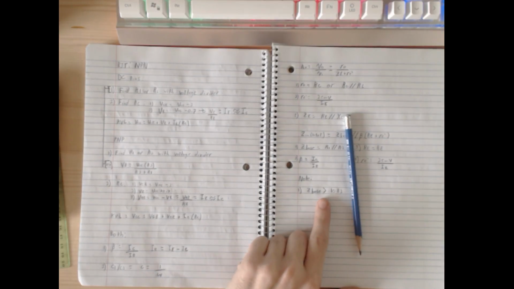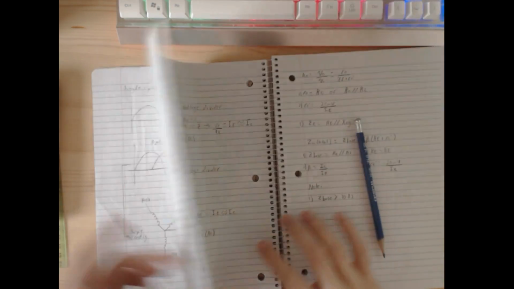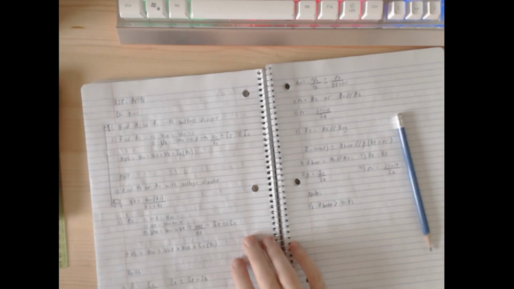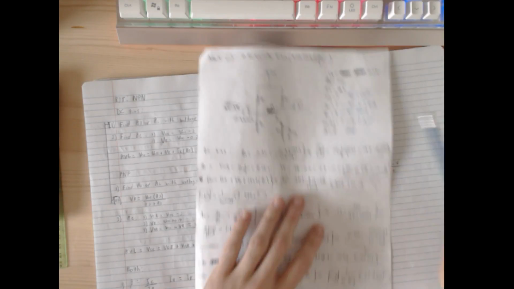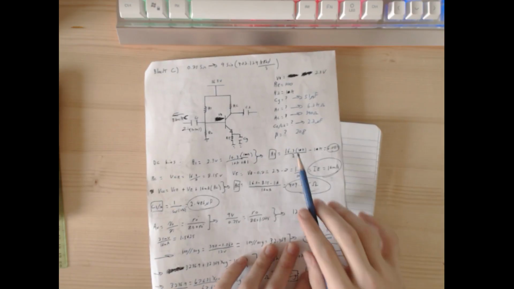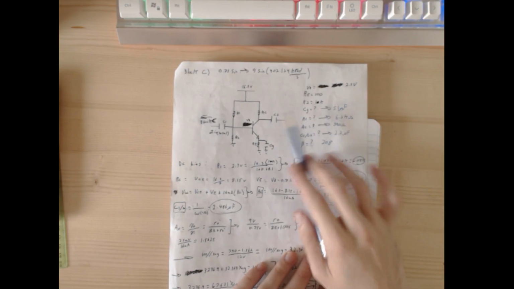Basically, Z base has to be greater than 10 times R2. Can we say this is true for example block C? My block C, my R2 is 1K.